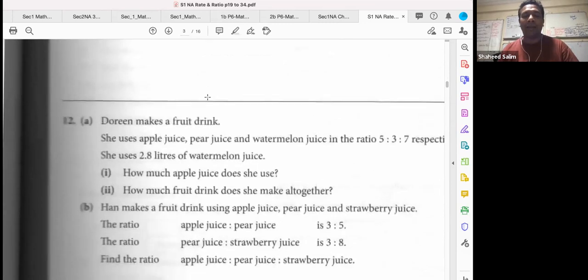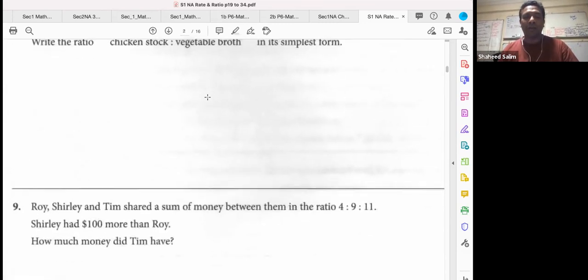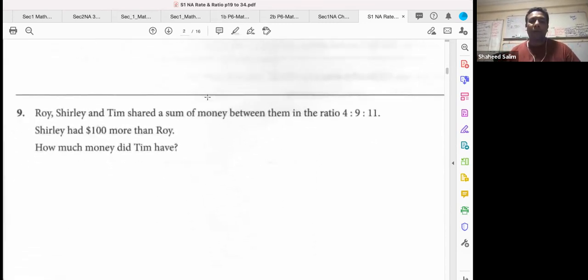Okay, let's see. So this one, you try this one. Number 9.